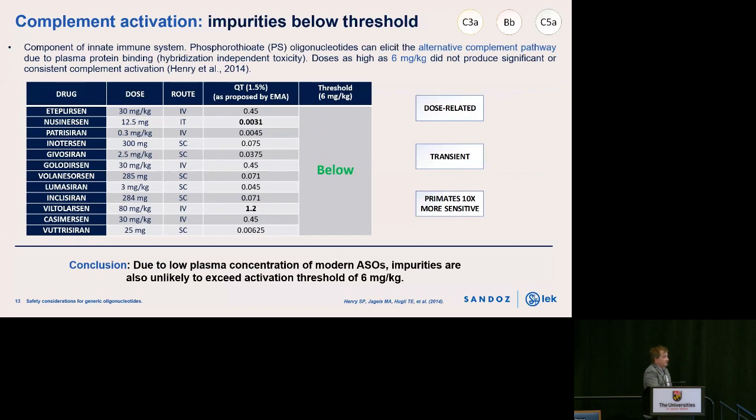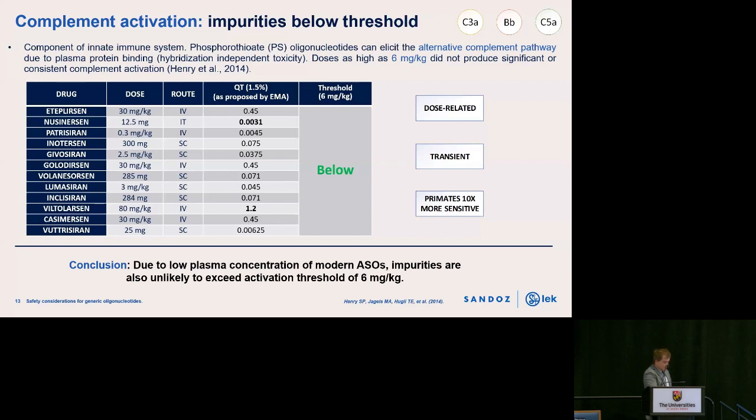Let's also touch quickly on complement activation, as also mentioned before. So this is also a component of the innate immune system. As was mentioned before, PS-modified oligonucleotides can elicit the alternative complement pathway due to plasma protein binding. However, there is indication that this is a threshold-dependent effect. So doses as high as 6 milligrams per kilo did not produce a significant or consistent complement activation.